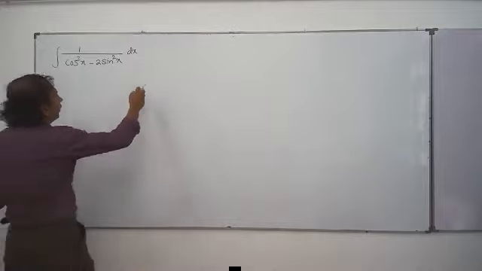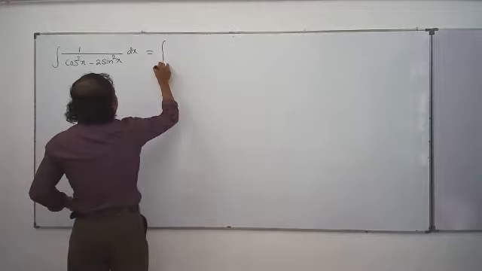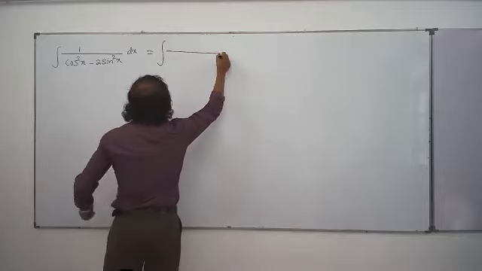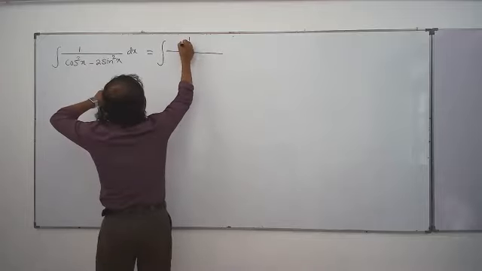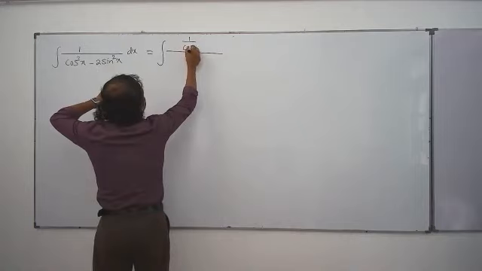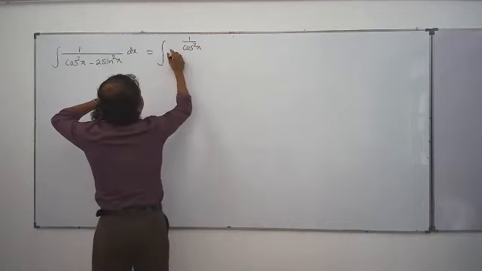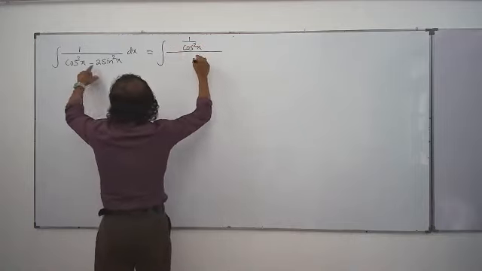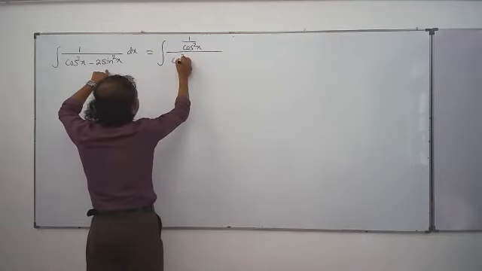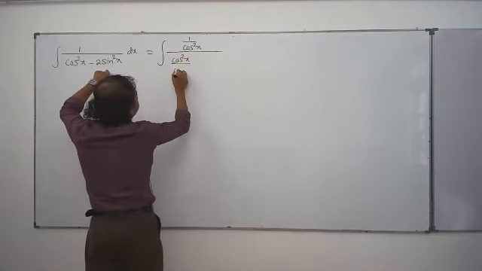Right. Now when we divide this by cos squared x, numerator we have 1, no? This one we should divide by cos squared x. And this both we have divided by cos squared x.